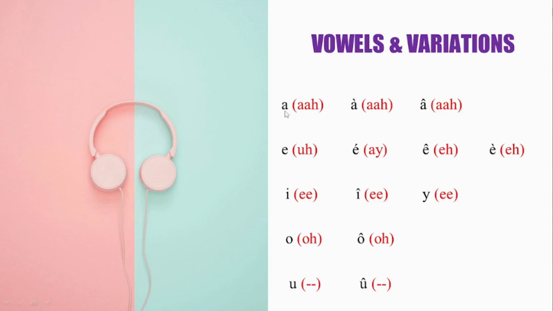All three of these A's are pronounced the same. Usually, for most vowels, the accent doesn't change the pronunciation, except for the E's. So let's look at the E's.